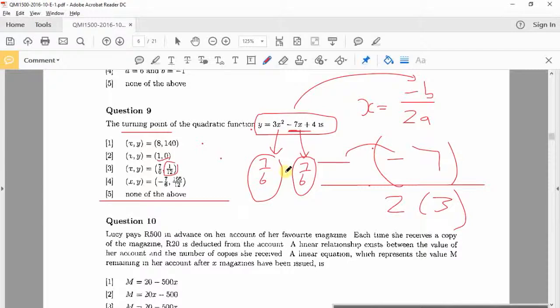How do you want me to plug it in? Just substitute. So 3 bracket 7 over 6 squared minus 7 bracket 7 over 6 plus 4. Yeah, this 7 over 6 is squared. Where's the other calculator?